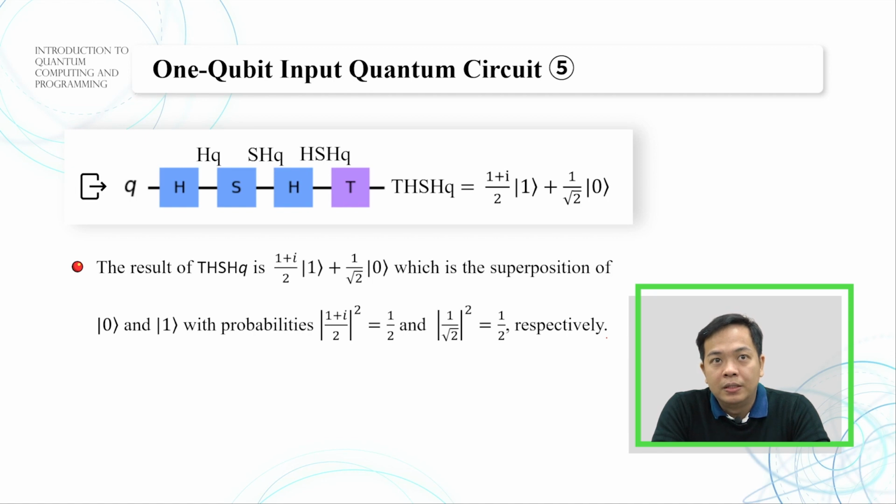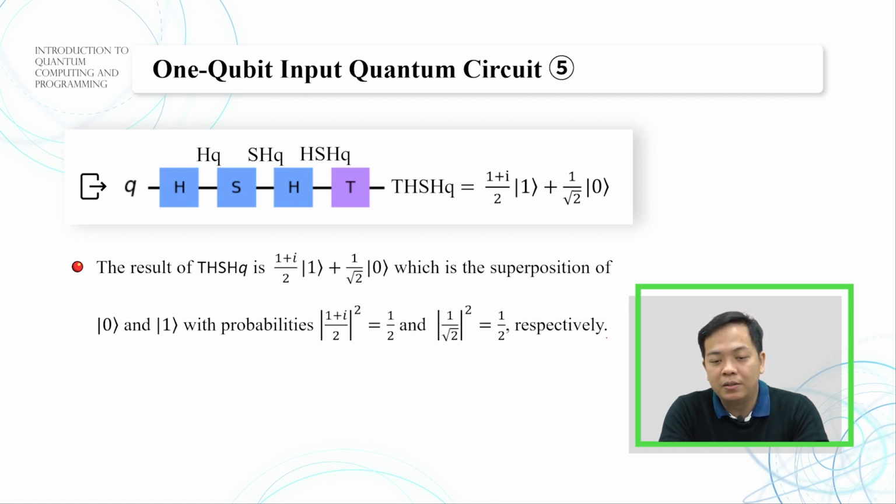And the result, as I just mentioned, after you calculate the value from the quantum circuit, you can have a superposition of qubit 0 and qubit 1. That means the quantum state can exist in parallel.